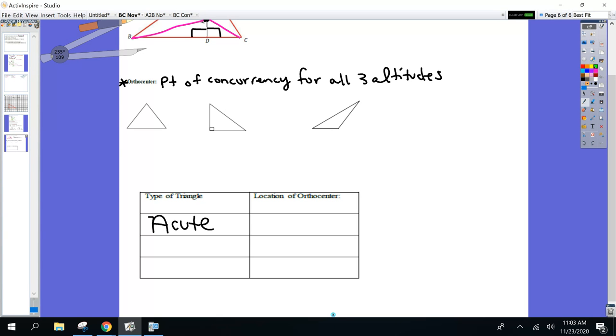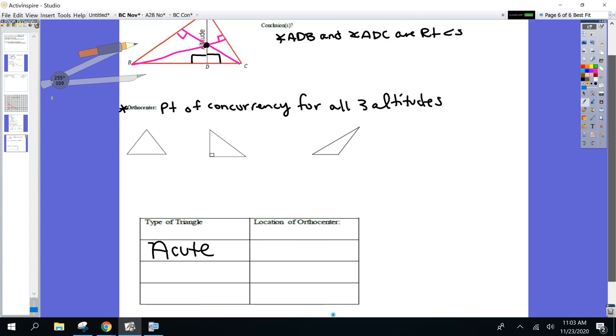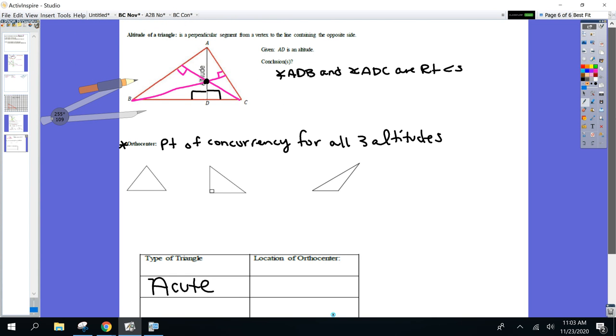I'll just use my diagram up above. That looks acute, right? All the angles look less than 90. Notice the orthocenter was located inside. Every acute triangle you have, all three altitudes will intersect inside the triangle.